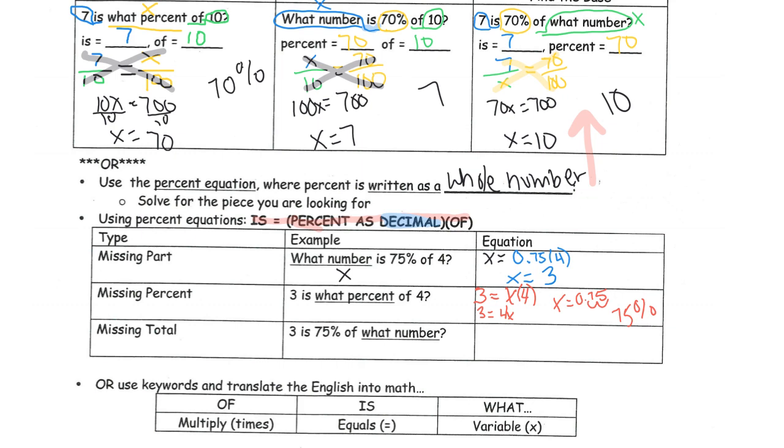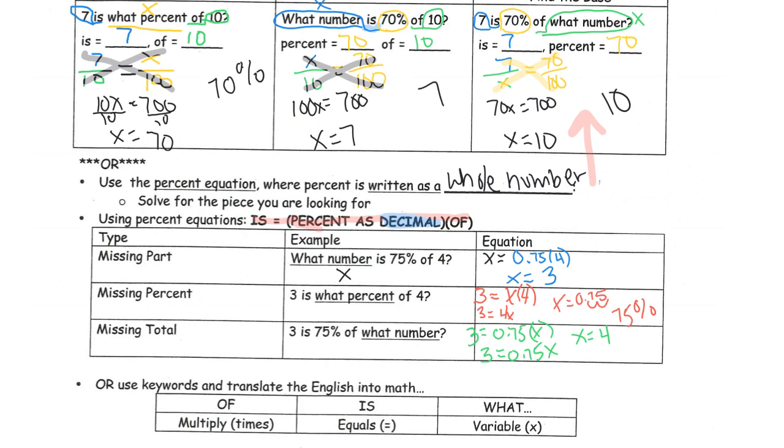3 is, so again, 3 is our is. So 3 equals percent as a decimal, 0.75 times your of, which we don't know. So we have 3 equals 0.75x. We solve for that and we get x equals 4.